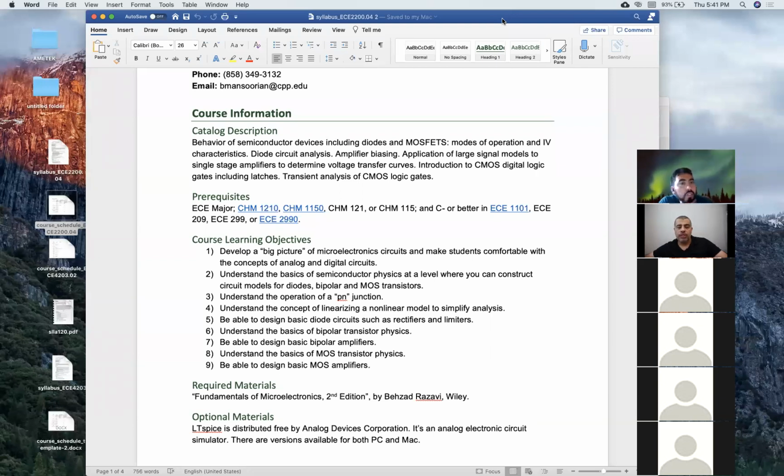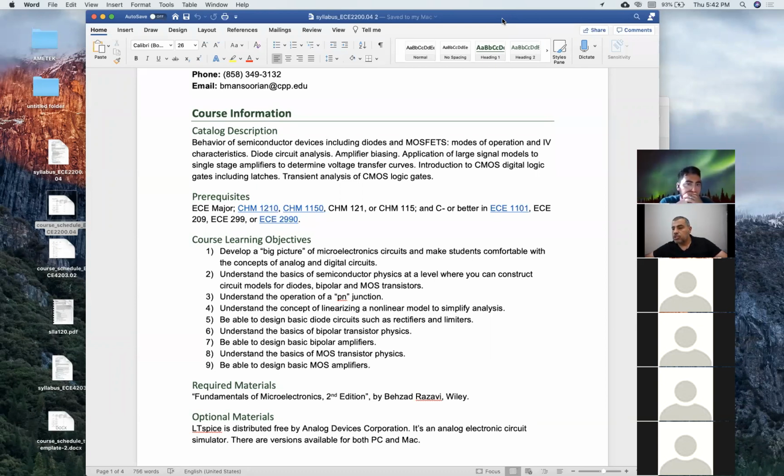So hopefully in this class, you're going to start getting a picture of more realistic circuits, and it's going to prepare you to handle stuff in the lab and more advanced classes like chip design, whichever direction you want to go.